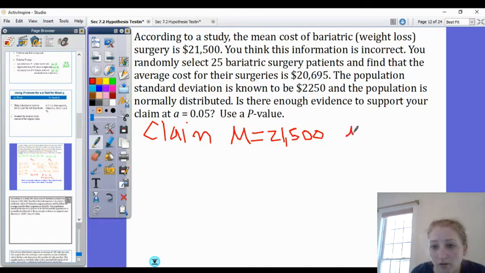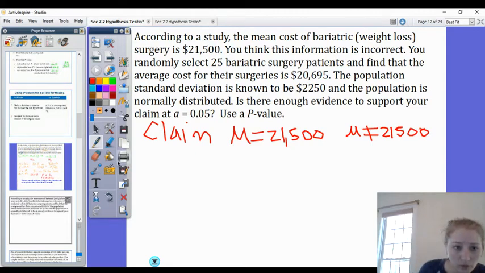The opposite of that is going to be not equal to. Which one of these is H naught? The other thing we're going to pay attention to is that this is a two-tailed test, and I know that because I have an equal to.